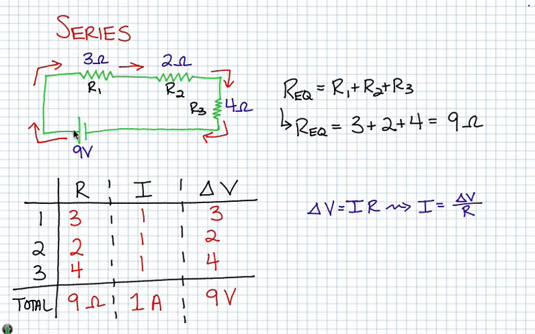If you're a charge here, how much does it cost you, so to say, to travel through resistor 1? Resistor 1 costs me 3 volts. So after I pass through here, 9 minus 3, I have 6 volts left to get through resistor 2 and resistor 3. How much does it cost me to get through resistor 2? That will cost me 2 volts. 3 plus 2 is 5, which leaves me 4 volts of my original 9 left to spend at resistor 3.